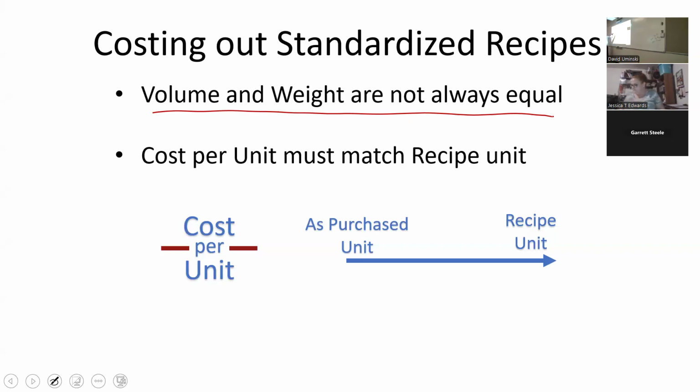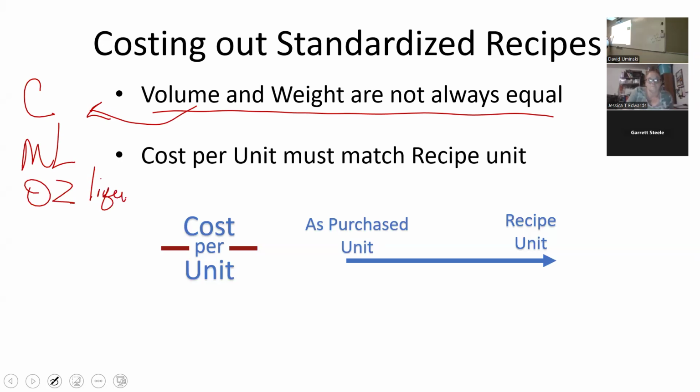What is an example of a volume measurement? We mentioned one, cups. What else? Milliliters, yes. Ounces, yes, ounces if they are liquid. So we call those fluid ounces.